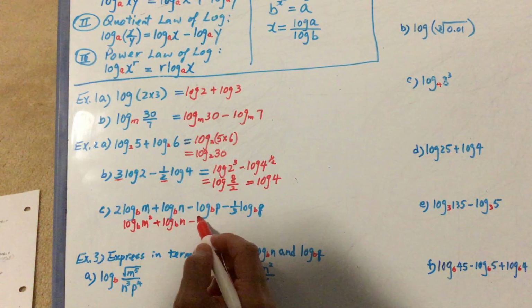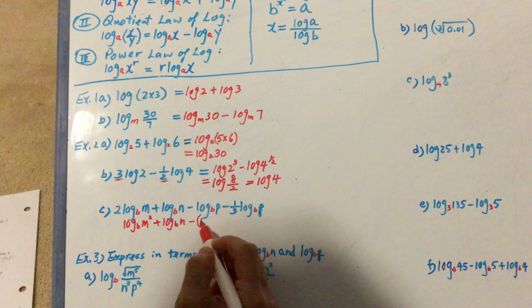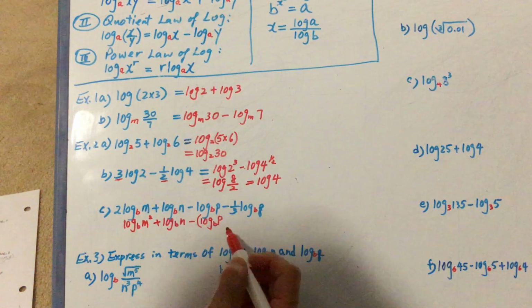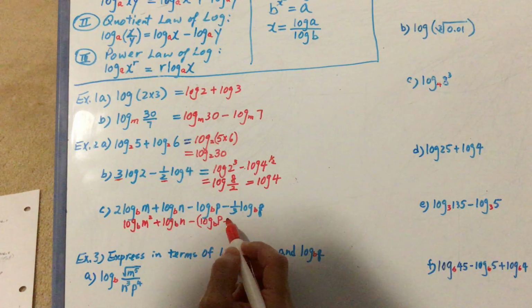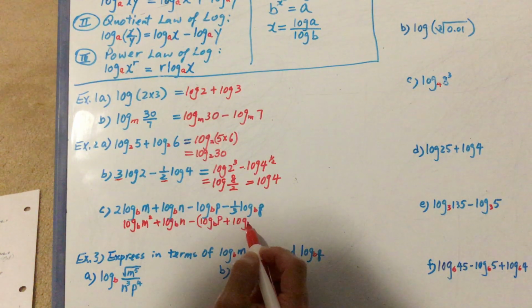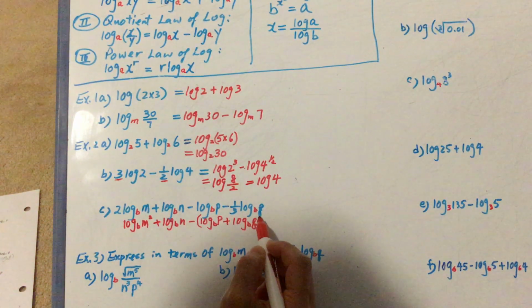I'm going to put in a bracket because there's 2 minus, in order to be less confusing of whether you're going to multiply or divide. I'm going to have this, log B, I have the q to the power of 1/3.